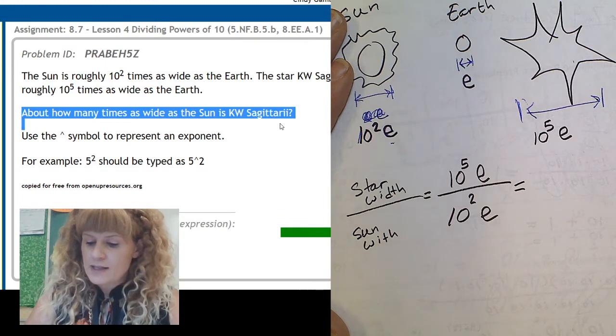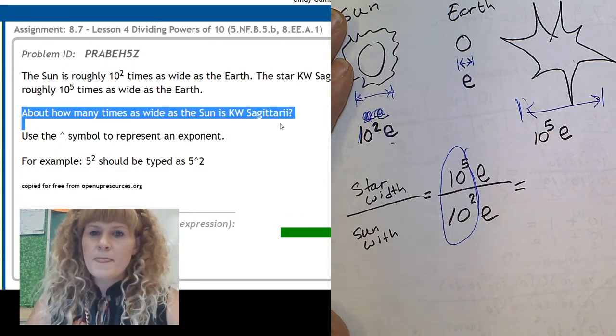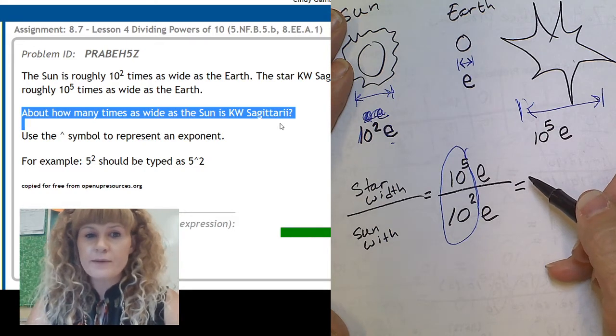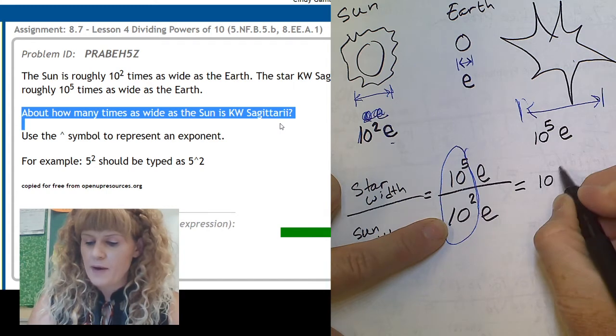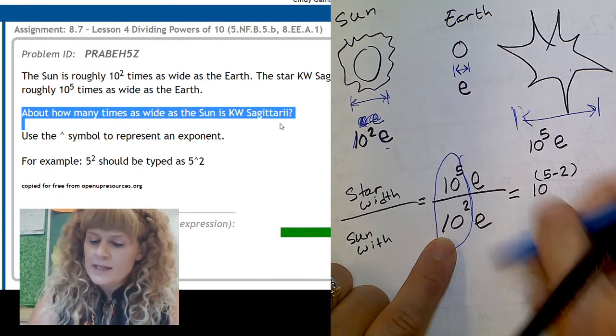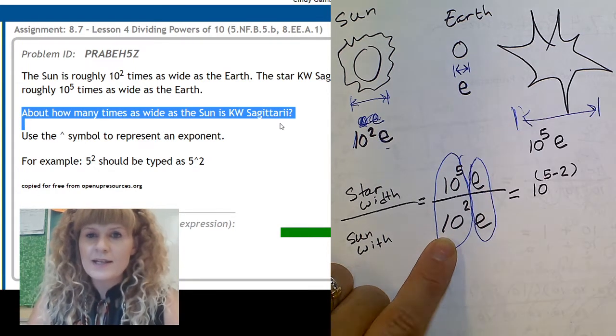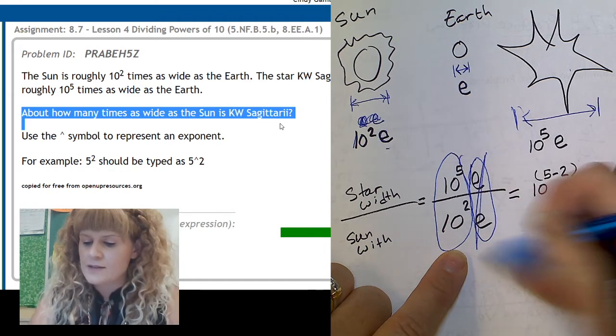Now, let's divide these. Look at the 10 to the power ofs. Use the quotient rule to simplify them. 10 to the power of 5 divided by 10 to the power of 2 equals 10 to the power of 5 minus 2. And then E divided by E cancels out. Like I said, anything divided by itself cancels out.